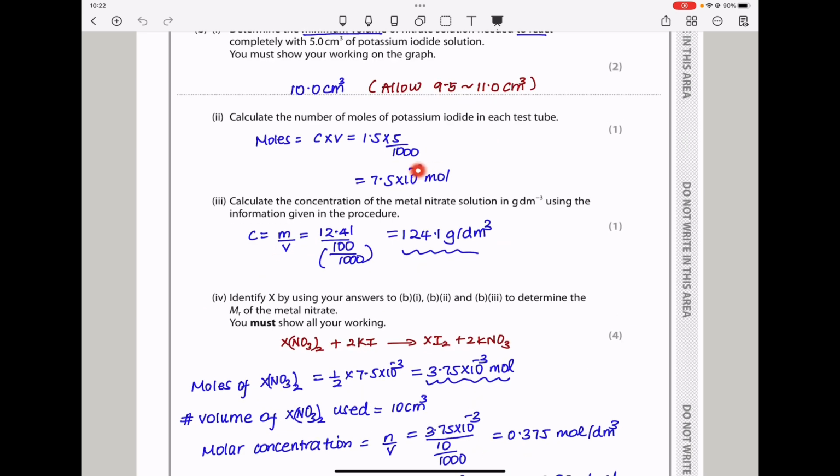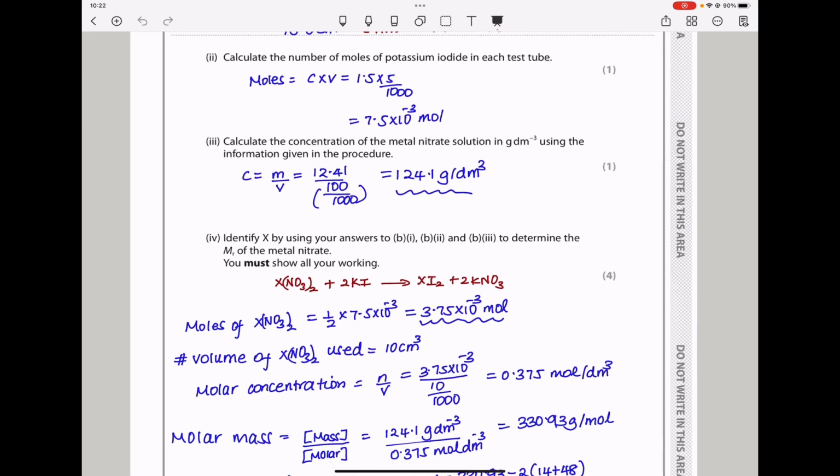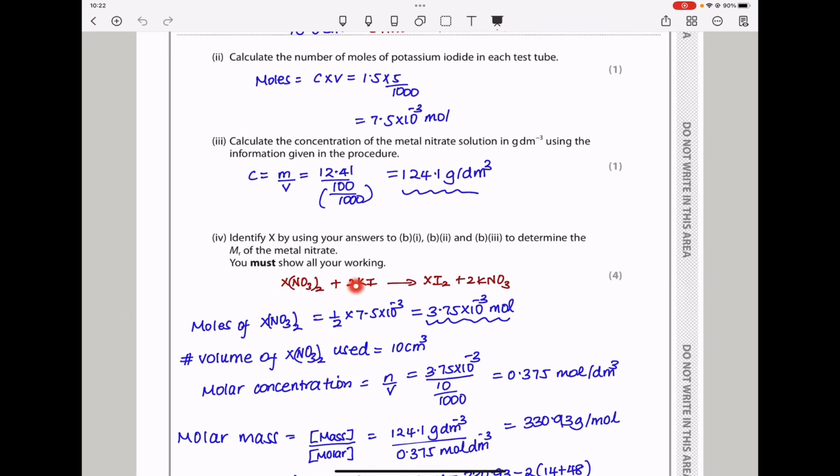And if we go back here, we can see these are the moles of potassium iodide. So since the mole ratio is 1 to 2, the moles of the nitrate should be half the moles of the potassium iodide. So it's going to be a half times that, which gave me 3.75 times 10 power negative 3 moles. So these are the moles of the metal nitrate that reacted.